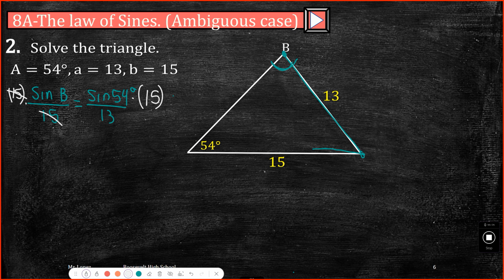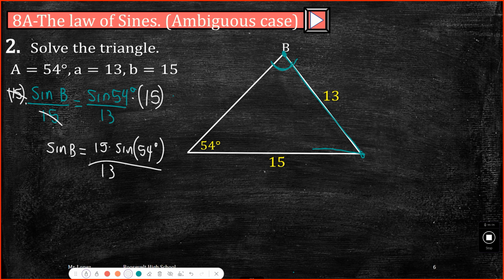Let me go step by step. What we have right now is sine of an angle B is equal to 15, let me put that in the front, and then sine of 54 degrees over 13. So now, to get the B by itself, we have to do the inverse of sine, the opposite, like multiply, divide, add, subtract.